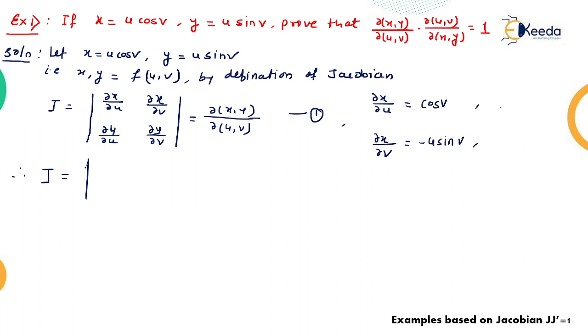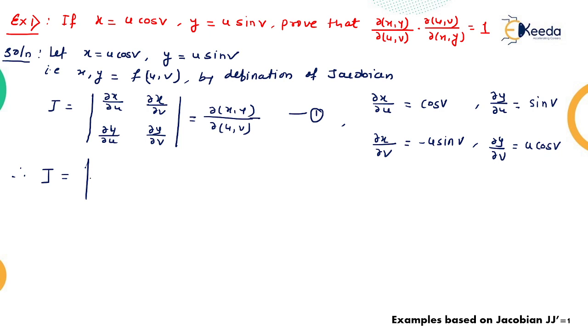Again calculate ∂y/∂u and ∂y/∂v. For ∂y/∂u, the v term is a constant, so sin v is a constant and the derivative of y with respect to u is only sin v. Also differentiate y with respect to v, where u is treated as a constant, and the derivative of sin v is cos v.